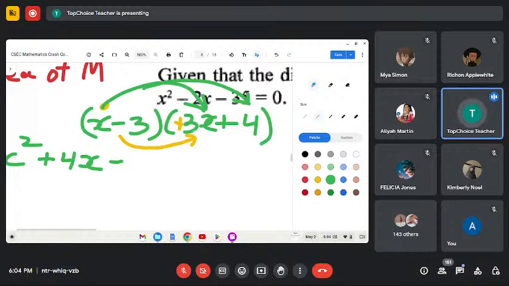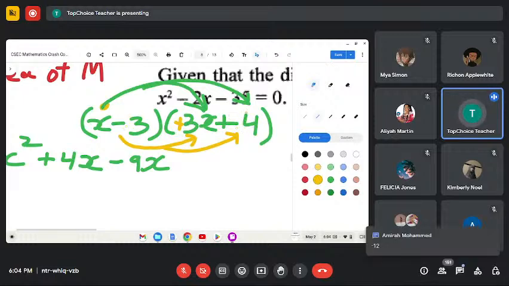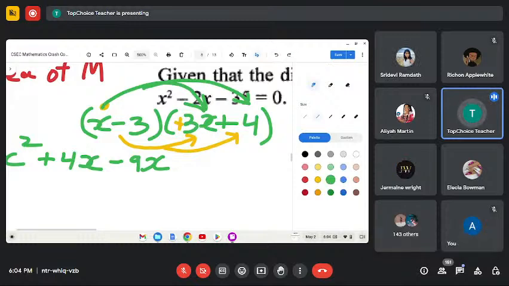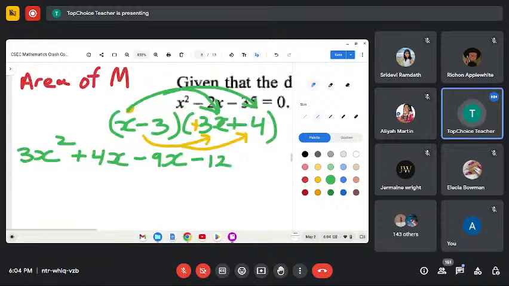What is 3 times 3x? 3 threes are 9x. Don't let it scare you. It is a simple expansion problem, distributive law. Last one: negative 3 multiplied by positive 4. Use your calculators. Negative 12. Very good, minus 12.